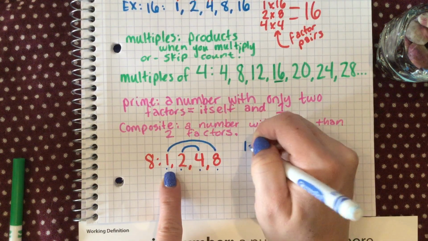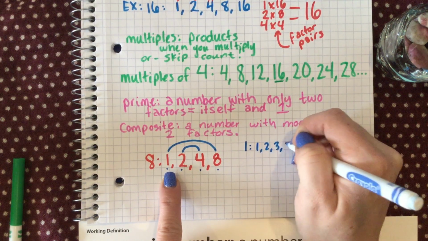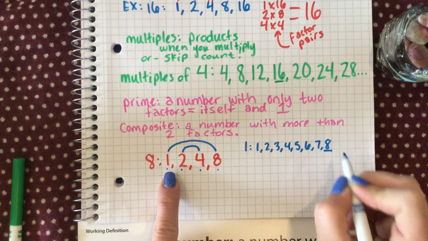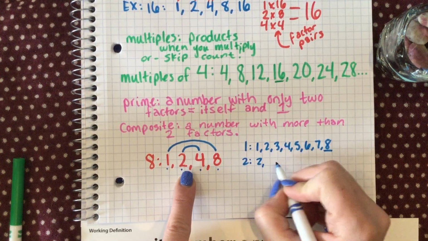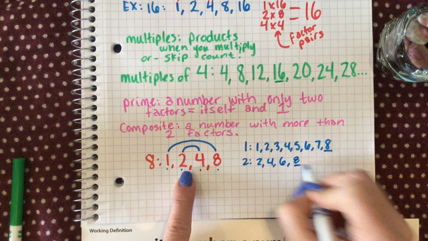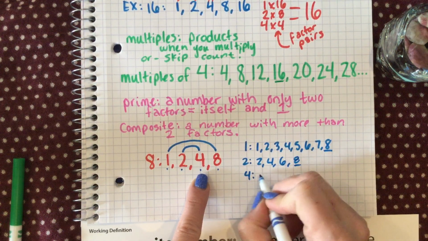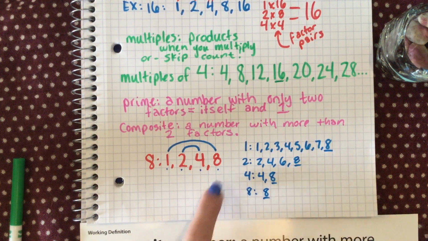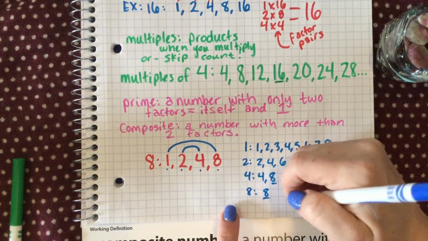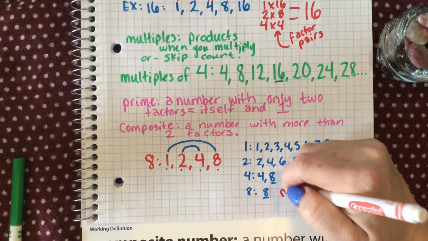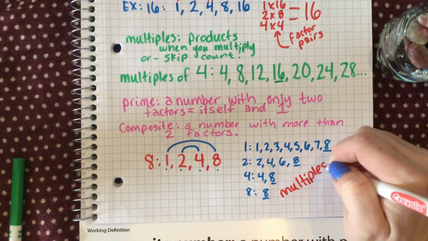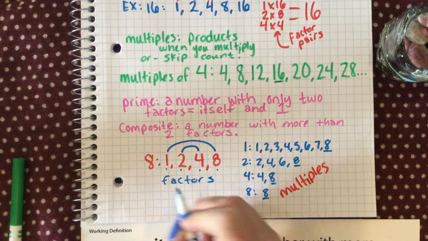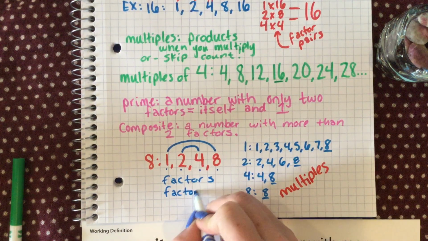So let's try that. 1, 2, 3, 4, 5, 6, 7, 8. Yep. All right, let's count by 2s. 2, 4, 6, 8. Yep. Let's count by 4s. 4, 8. Yep. Let's count by 8s. 8, yep. So these are the multiples when you skip count. And then these are the factors and the factor pairs.